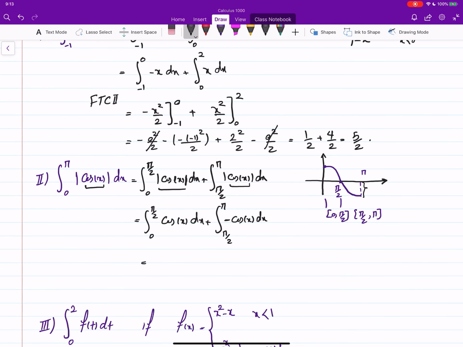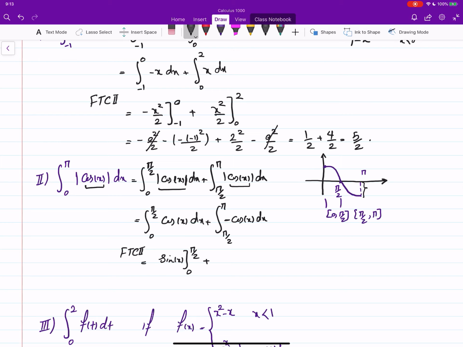Now we use the fundamental theorem of calculus part 2. What is the antiderivative of cosine x? It is sine x. Go from 0 to pi over 2, plus the antiderivative of negative cosine x, which is negative sine x, go from pi over 2 to pi.